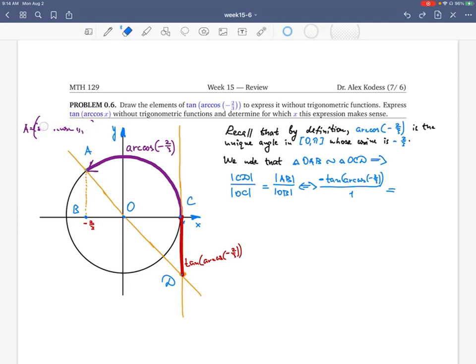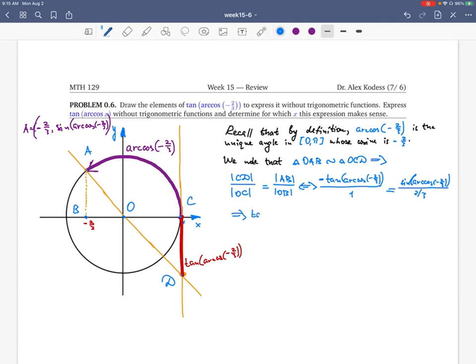The y coordinate, of course, is sine. The x coordinate is negative 2/3. So AB is sine of arc cosine of negative 2/3. Note that sine is positive because it's the second quadrant, over OB. Distance OB is 2/3 because this coordinate is negative 2/3. So this distance is 2/3.